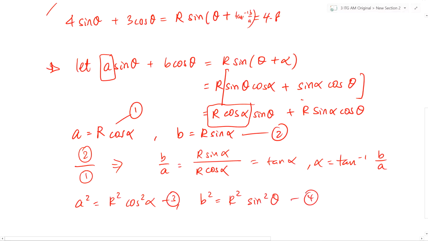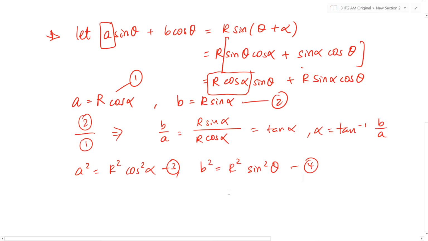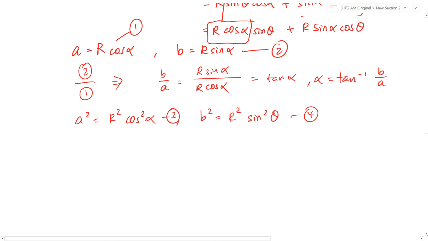What shall we do with equations 3 and 4? This is my clue to you. What happens if I take equation 3 plus equation 4?